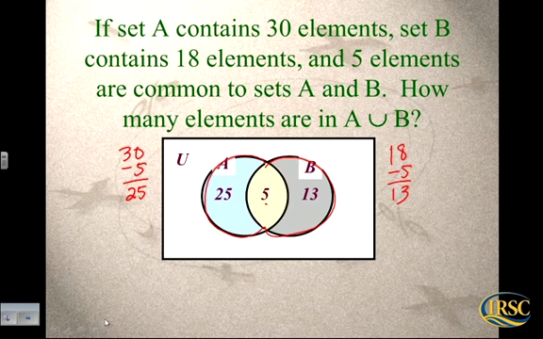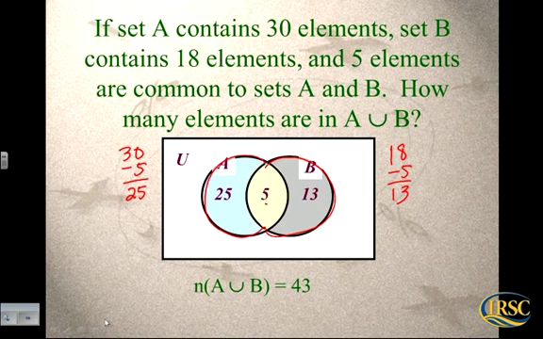Some of you said 43, some of you said 48. Notice, what's the difference between 43 and 48? 5. If you just add the 30 with the 18, then you're counting those 5 elements twice. So therefore, you've got 25 plus 5 plus 13.